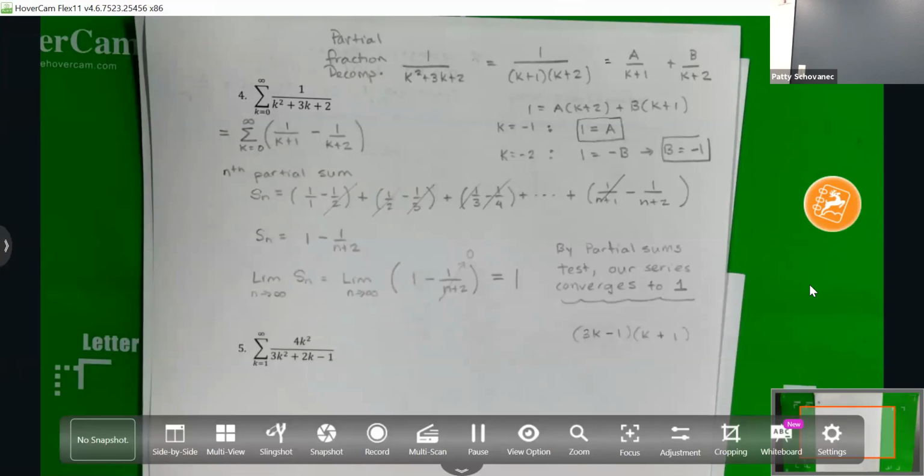Since the degree on top is the same as the degree on the bottom, I can see my terms are not going to 0 when k is large. What are they going to? 4/3. When k is big enough, I'm always adding 1 1/3 to my series. So there's no way that's going to converge. It's going to keep getting bigger and bigger and bigger.